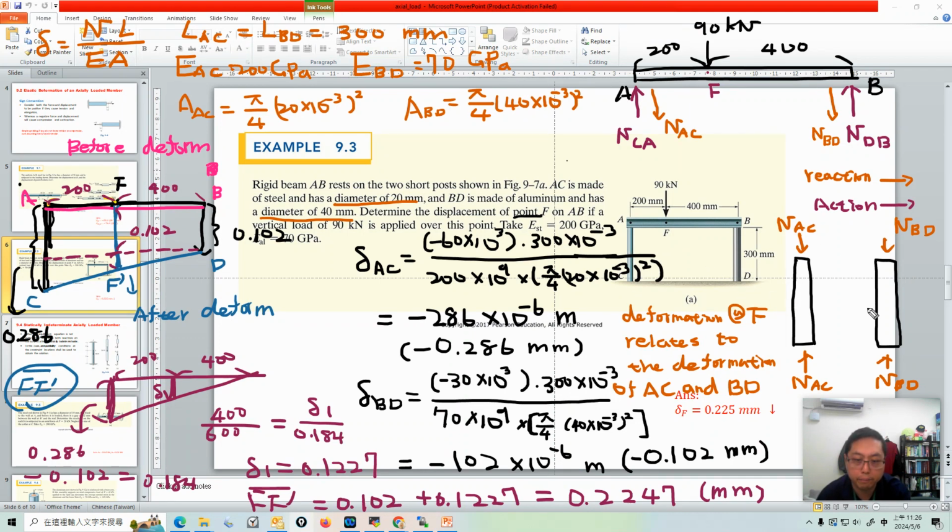In this problem, we just used the deformation formula to calculate the deformation of the AC post and the BD post. Then, because these three members connect to each other, the deformation at point F is related to the deformation at AC and BD. So you need to use the geometry information to calculate the deformation of F prime.